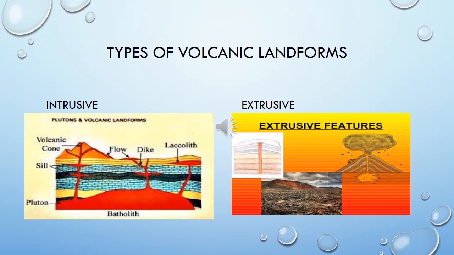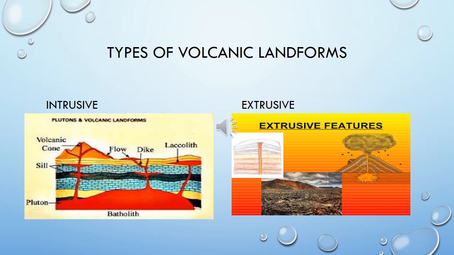Types of volcanic landforms. There are two types of volcanic landforms, intrusive and extrusive. Intrusive landforms are those which are formed within the Earth's surface. On the other hand, extrusive landforms are those which we see on the Earth's surface or on the Earth crust, which we can see from the outer world.